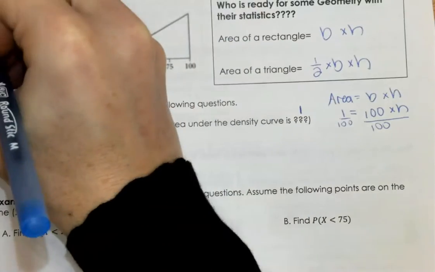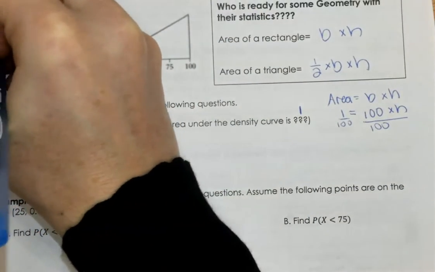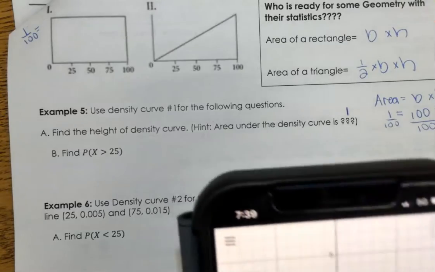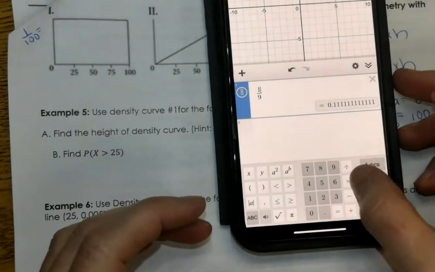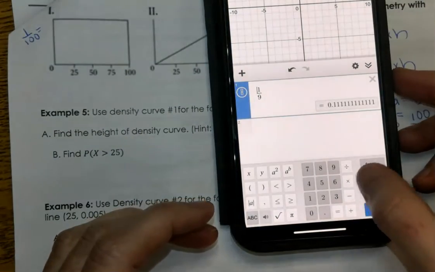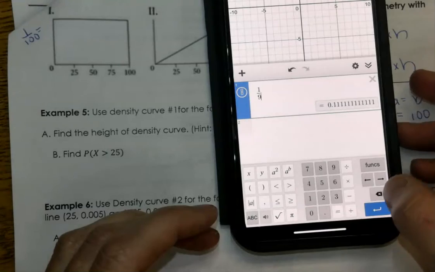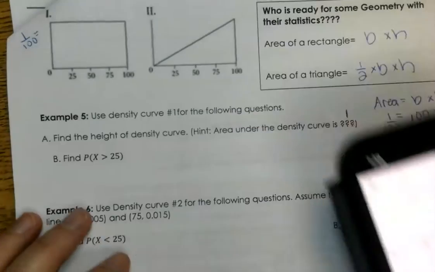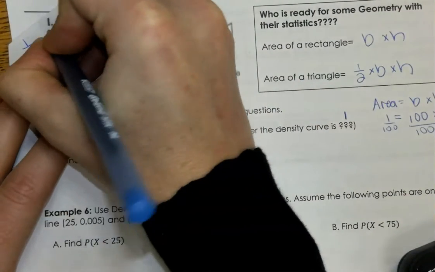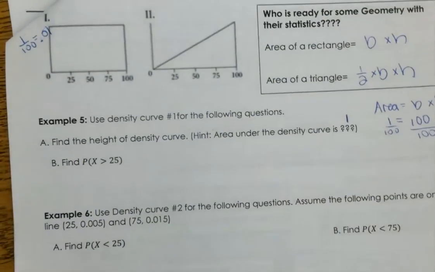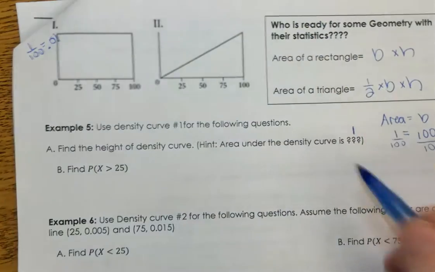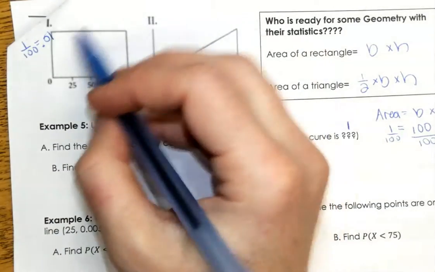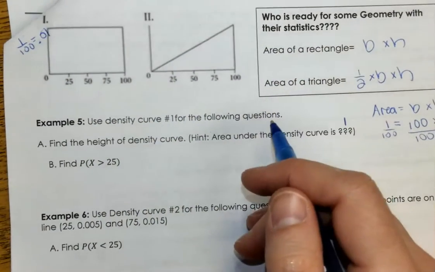So my height is equal to 1 over 100, and to put that as a decimal, .01. So the height of that density curve is .01. And that's just because of what the base was, right? And we know the area underneath the whole curve has got to be 1.